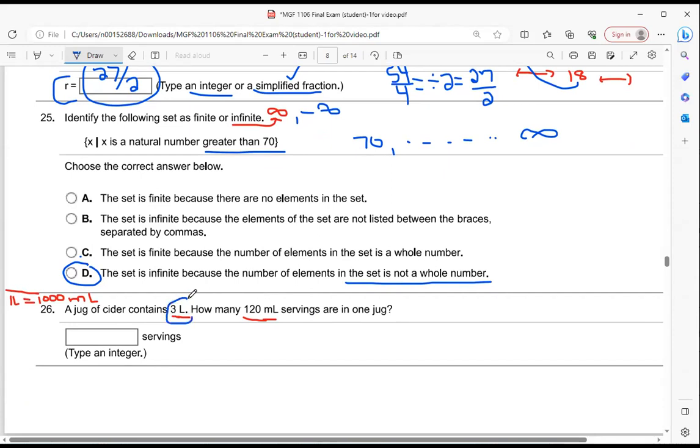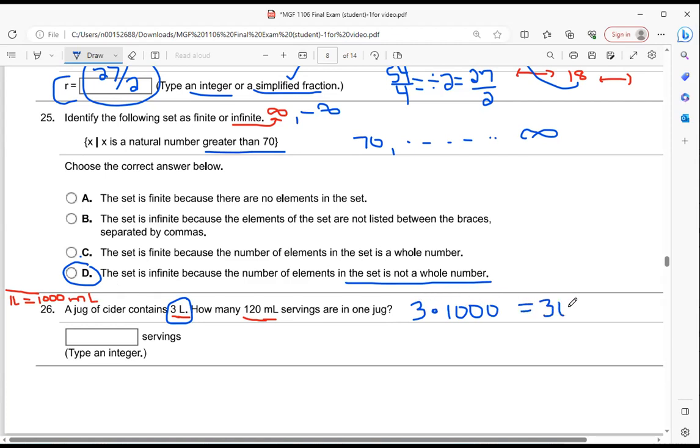To convert our 3 liters to milliliters, we need to remember that 1 liter is equal to 1,000 milliliters. So to change that liter from 3 to milliliters, we have to multiply by 1,000. Since each liter is equal to 1,000 milliliters, we're going to multiply 3 times 1,000.